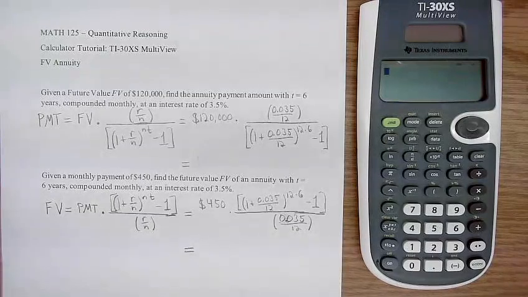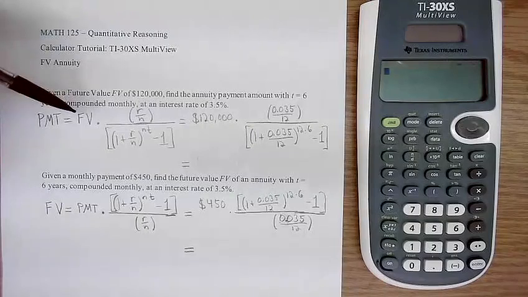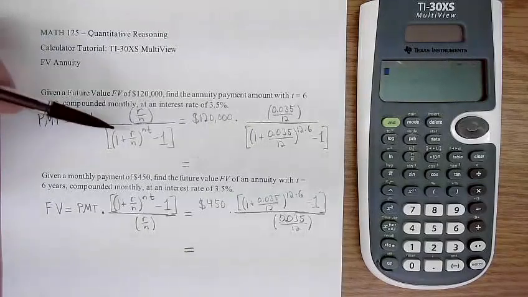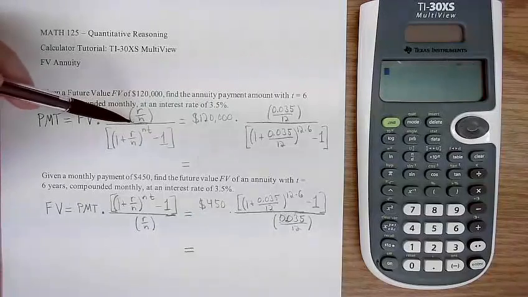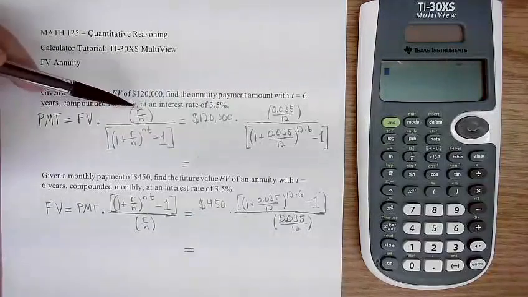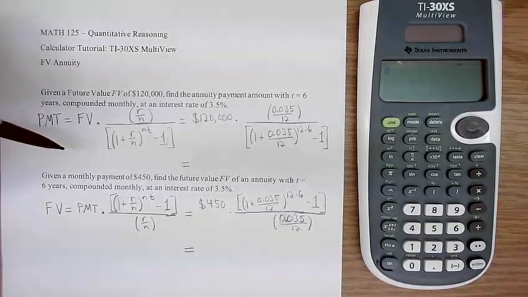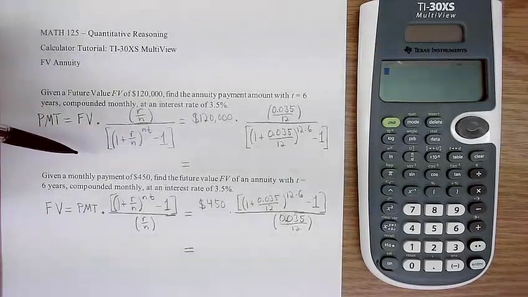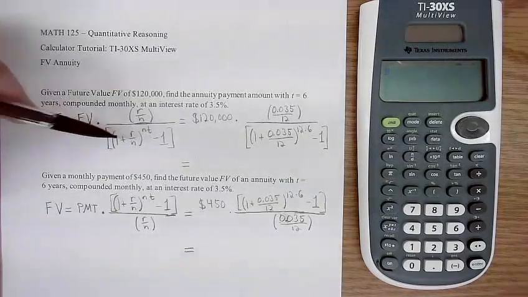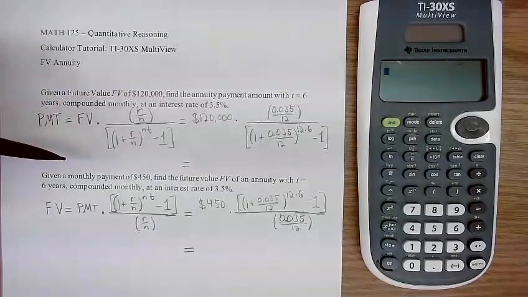So remember, our formula for the payment of a future value annuity is payment equals the future value times the fraction where we have on top the rate divided by the number of compoundings per year, so R over N, divided by the big quantity where we have 1 plus the rate divided by the number of compoundings N, raised to the NT, minus 1.